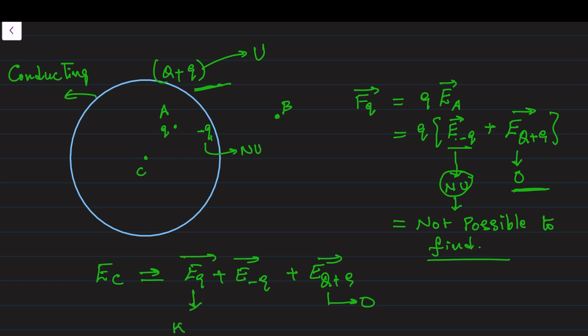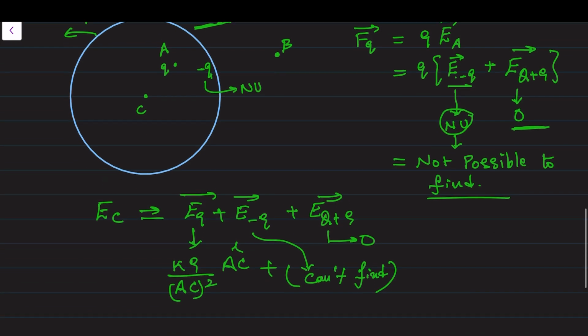It will be Kq upon AC whole square into AC cap. But this factor, again, we don't know how the charge minus q is distributed on the inner surface of the conductor. So this we cannot find. So it means we cannot find the electric field at point C also.